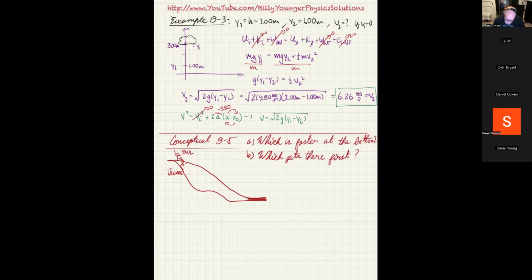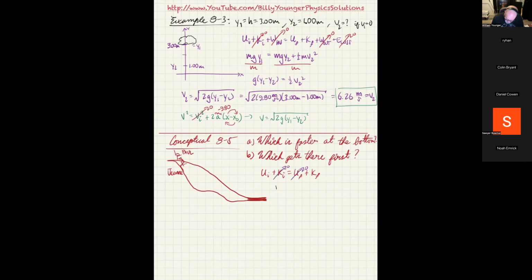So for starters, as far as which goes to the bottom faster, using conservation of energy and ignoring air resistance and all that, we can basically just reduce it to U initial plus K initial is equal to U final plus K final. But in fact, the U final is going to be zero and the K initial is going to be zero.